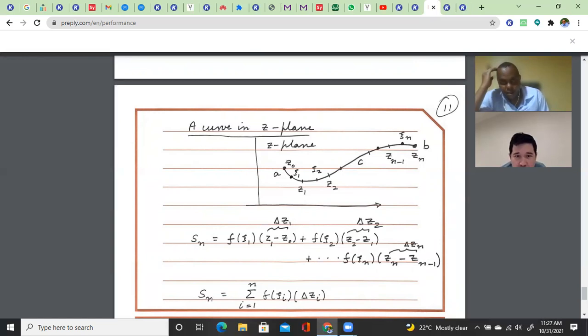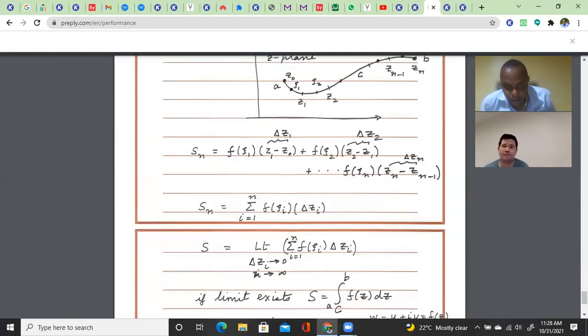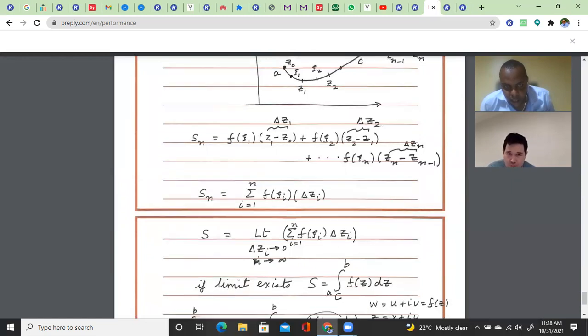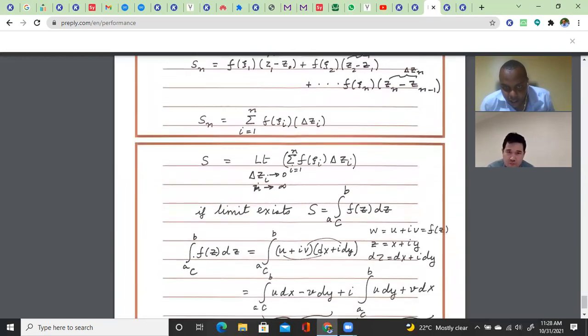I think he's trying to define the length of a function. He's cutting it into smaller segments and then adding it together. So maybe he's trying to define the arc length.